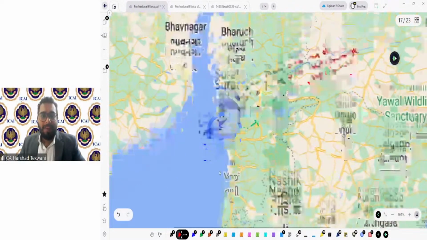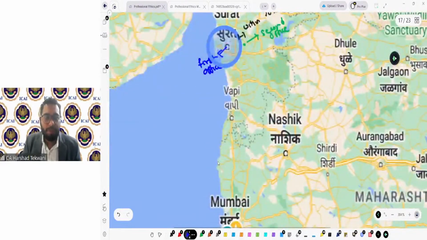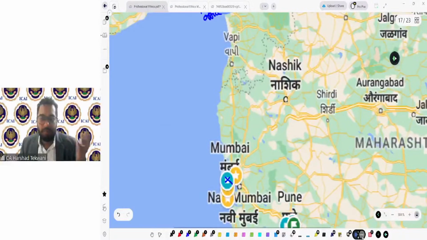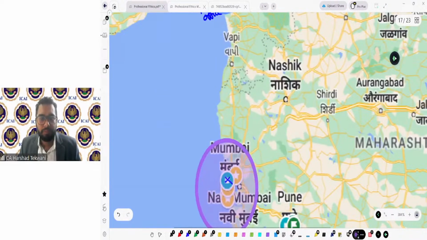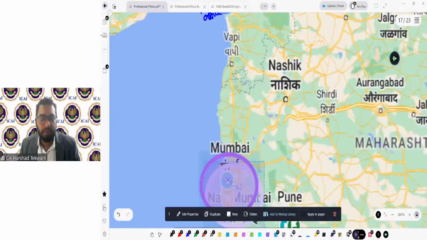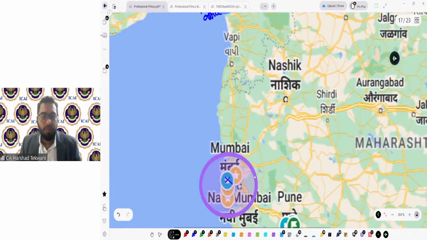Fine. Now, let's say I have opened an office in Mumbai. The distance between Surat municipal limit and Mumbai municipal limit is for sure more than 50 kilometers. Let's say this is the municipal limit of Mumbai.